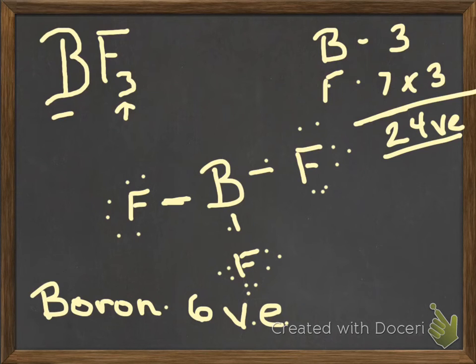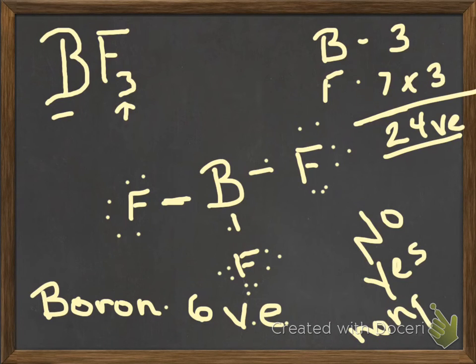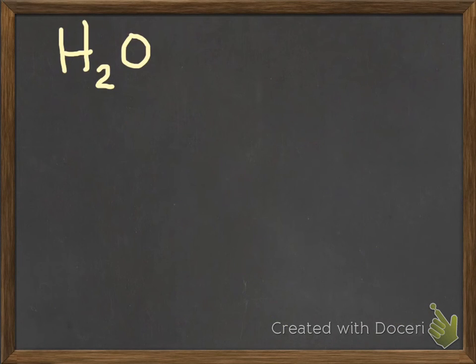So now we have to look at the questions. Are there any lone pair electrons on the central atom? The answer to that is no. Okay. Second question, are all of the atoms attached to the central atom identical? The answer is yes. So this tells us that BF3 is a nonpolar molecule.